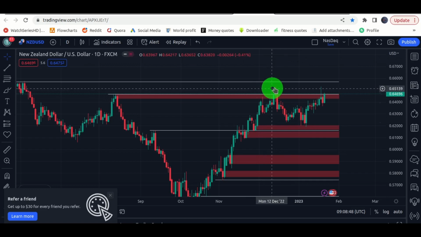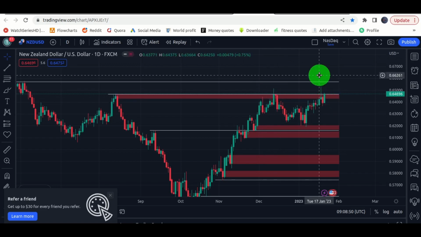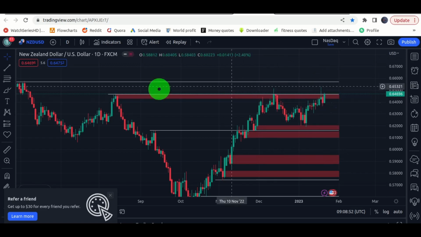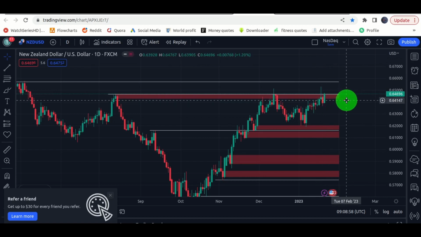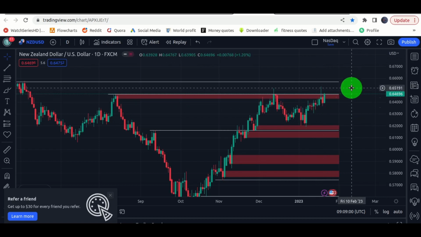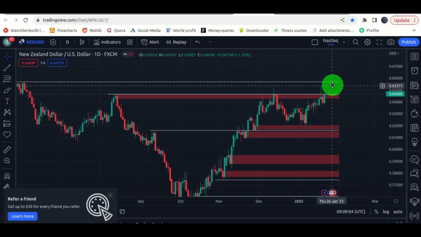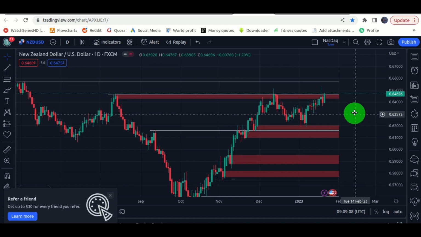People put the stop loss above that, got swept for the second time, and then it failed to break this high here. So yeah, NZD USD this coming week, guys, let's look for short unless it breaks here and wants to continue going up.